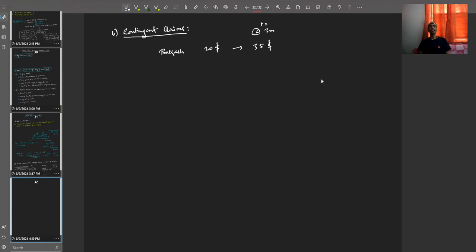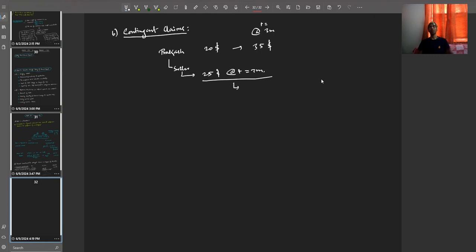He says that I think this is the case, and I am willing to sell a contract which says that I am willing to buy the stock at $25 at T is equal to 3 months. Now he is the seller of this contract. And the condition is you can back out of this contract at the end of 3 months, but for that right now you have to pay me.